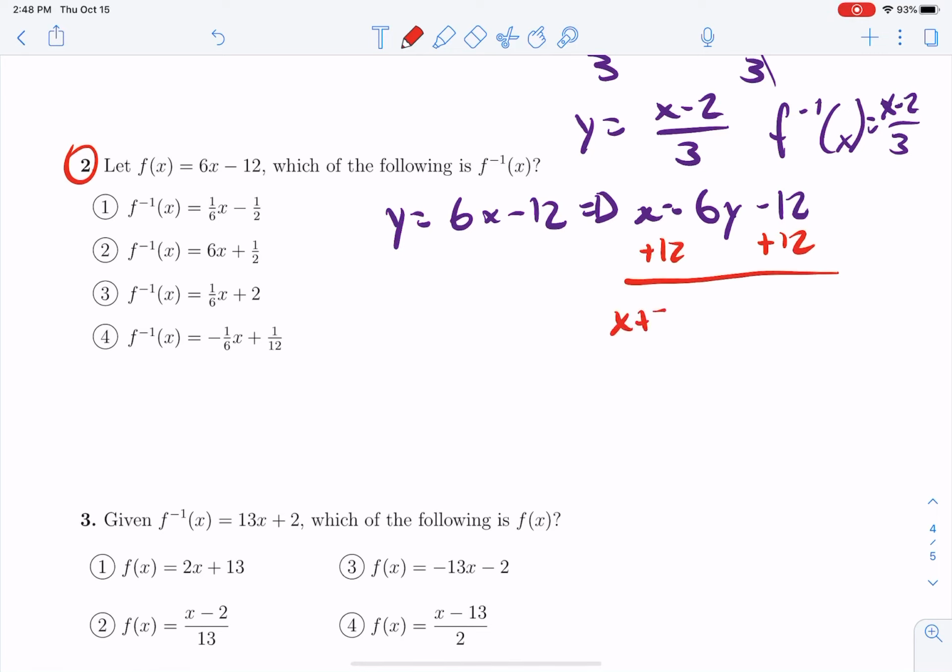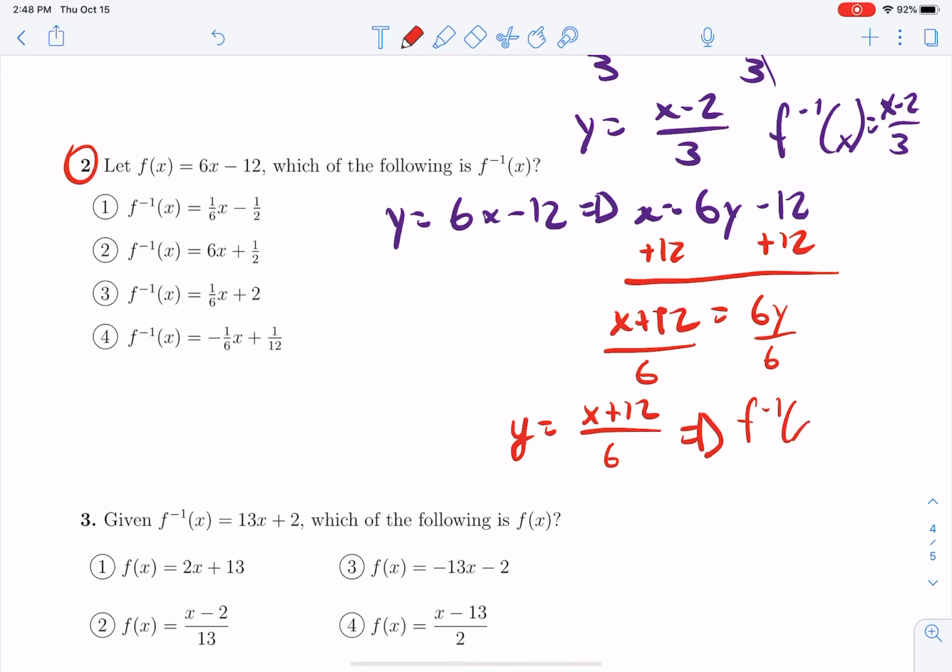So x plus 12 equals 6y. Divide both sides by 6. And I'll get y equals x plus 12 divided by 6. Last step, write f inverse of x equals x plus 12 divided by 6. Do I see that?